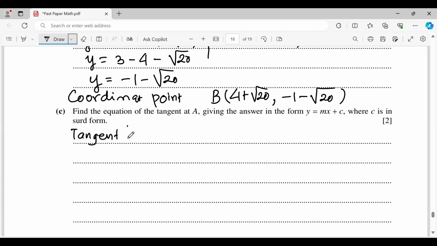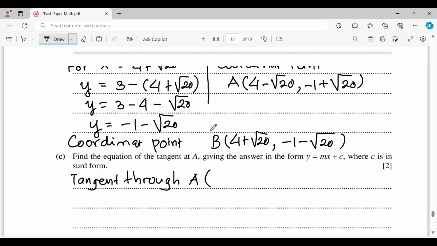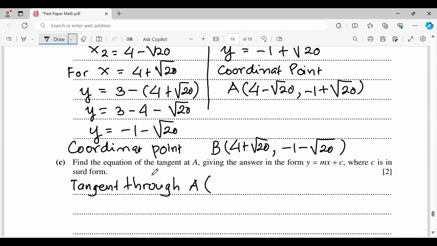The tangent goes through coordinate point A, 4 minus square root 20, comma, minus 1 plus square root 20.